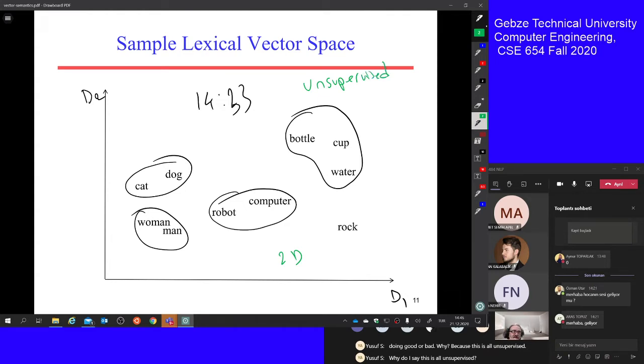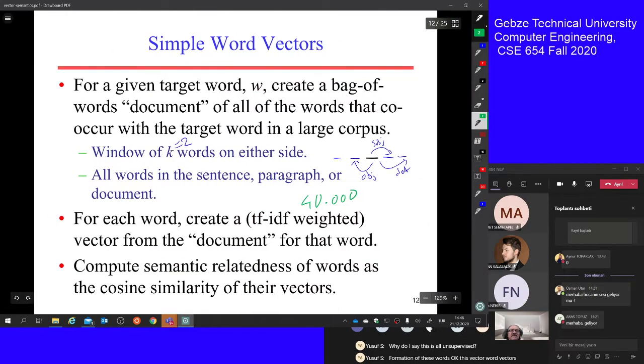Formation of these word vectors, lexical word vectors, is done in an unsupervised way. Why am I saying this? Is it really unsupervised?